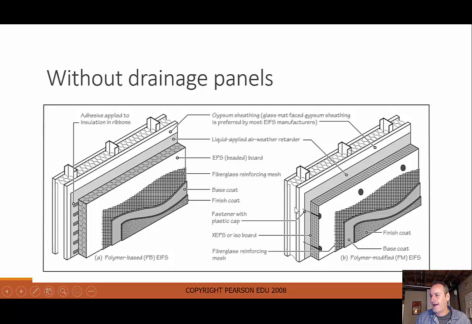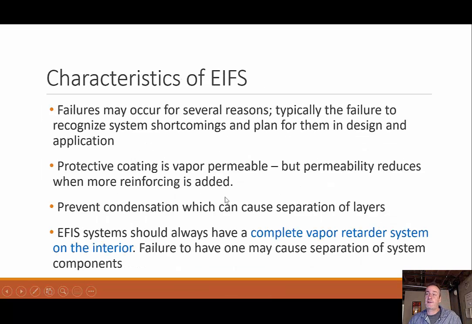Little difference on attachments, where this is using some kind of clip or this is using an adhesive, but other than that, just a cool image of what it looks like for our different layers, right? Finish coat, base coat, some kind of reinforcing mesh for the thicker one. We have our insulation board, and then our vapor retarder, which we talked about, and then our gypsum sheathing right against there.